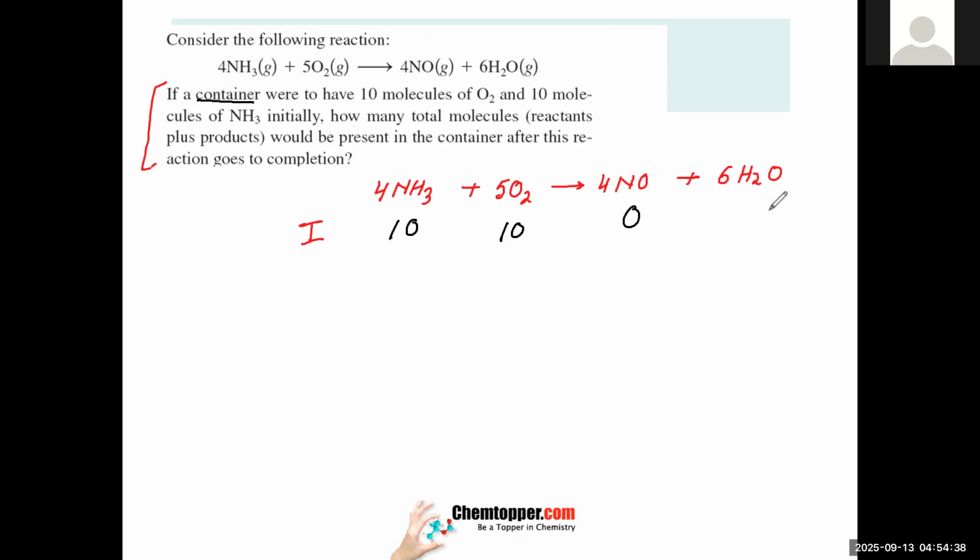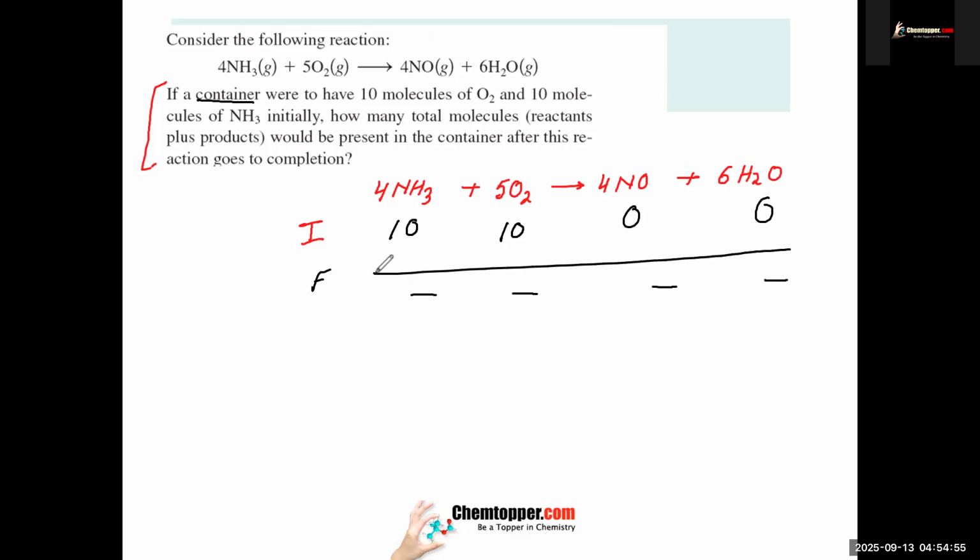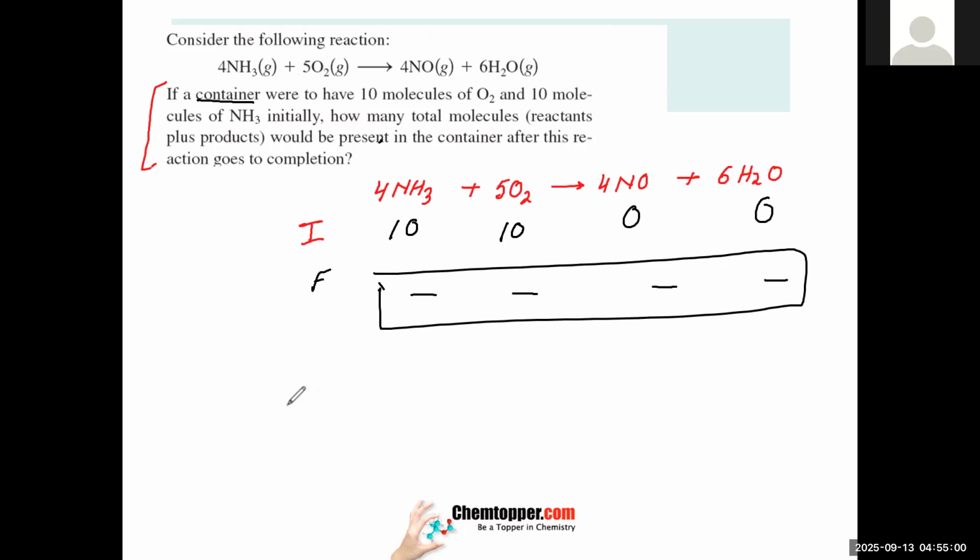And how much water? 0. They are saying how many total molecules are left after the reaction. So finally, I have to see all these molecules after the reaction, and I have to add all of them to get the answer. So it's 20.